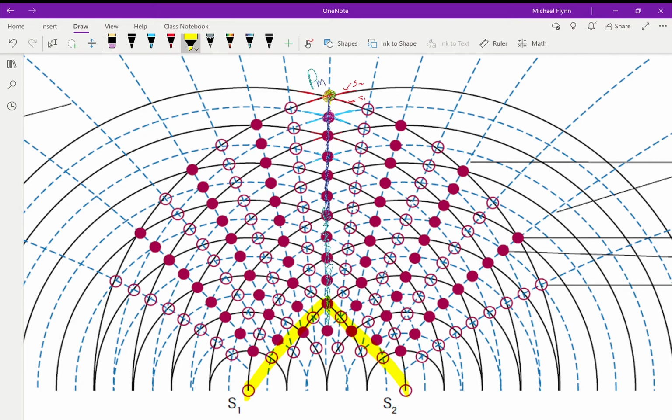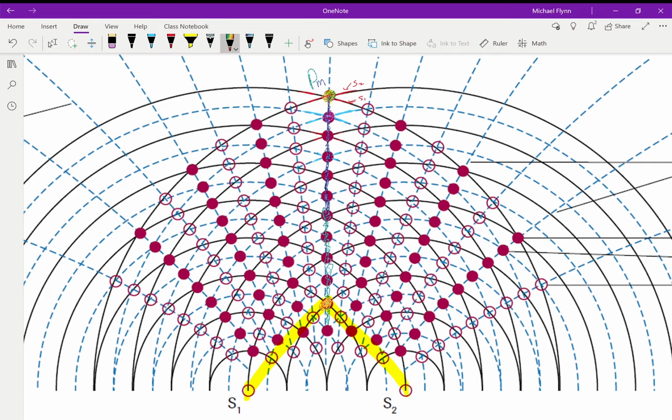So to get to this point, waves have to travel the same distance from source 1 and source 2. In other words, the path that the waves are taking from both sources are the same length on either side of that center line.